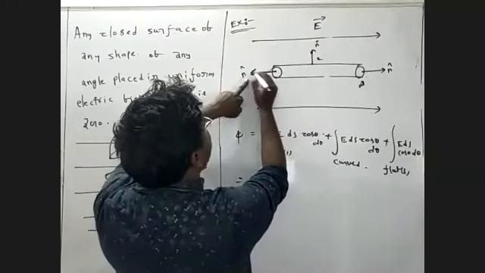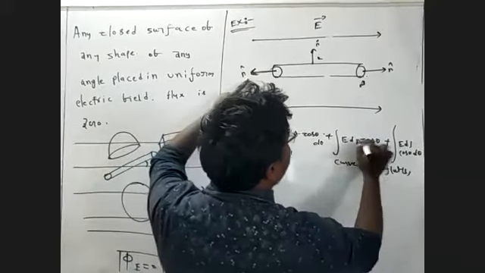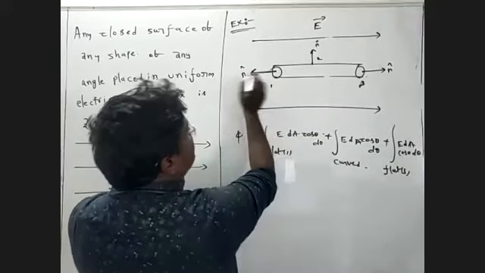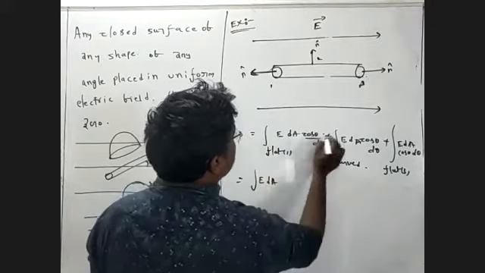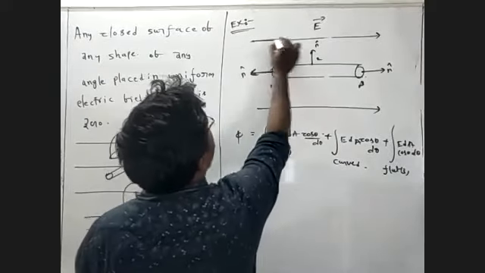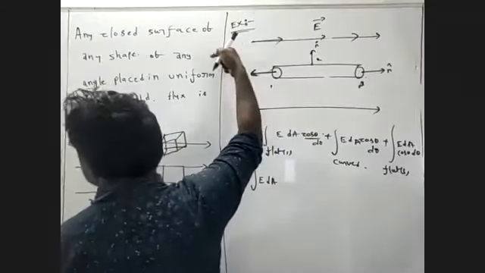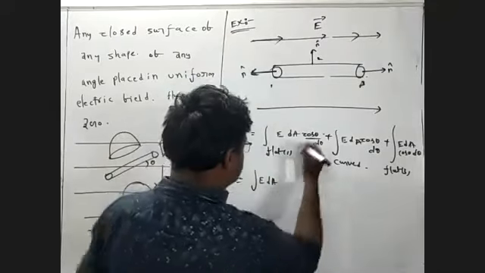Now we see this is the direction of n cap, or you can take dA as the n bar direction. So E bar dA cos theta. This is the direction of E bar, n bar in this direction, and the angle between the two is 0 degrees, cos 0.